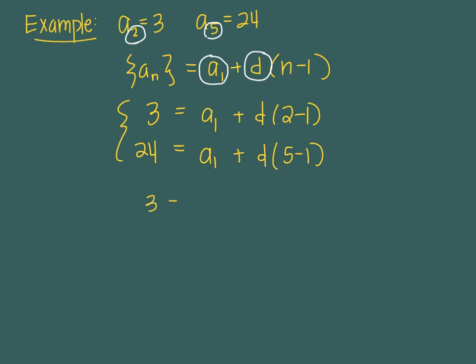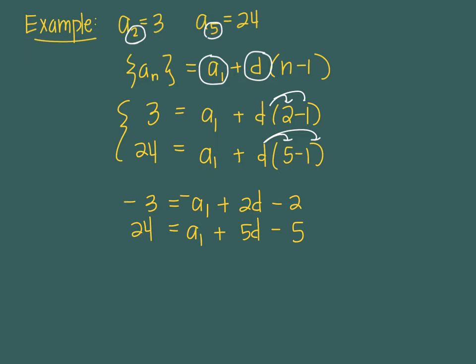So let's say 3 equals a sub 1 plus, and let's distribute the d. So that would be plus 2d minus 2. And then 24 equals a sub 1. Again, I'm going to distribute the d. So we now have plus 5d minus 5. And if I multiply the top row by -1, I'll have -3, negative, negative, and that turns into a positive.